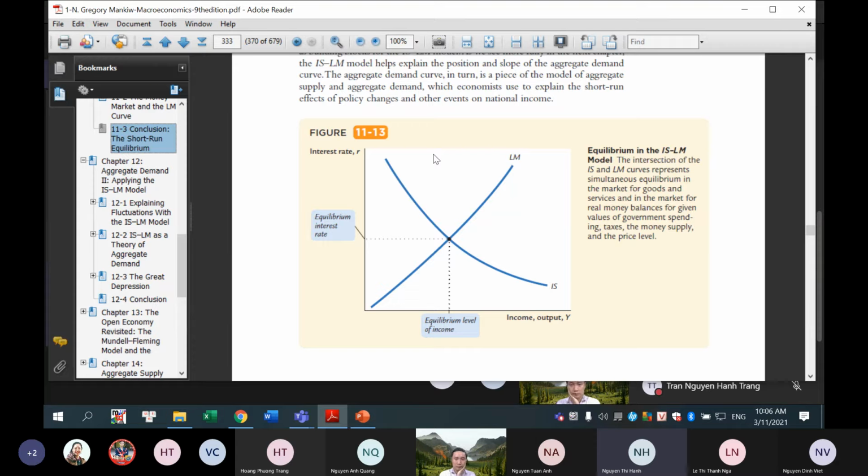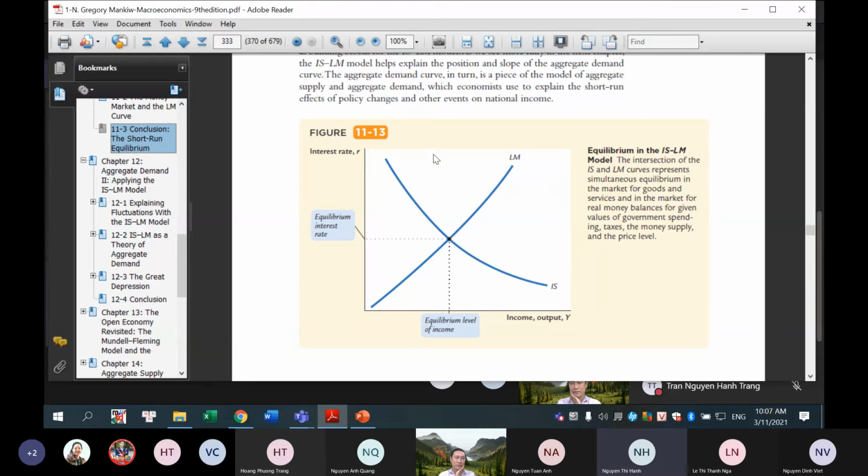The investment will increase because the interest rate increase. Interest rate increases, so does investment spending increase or decrease? Investment spending will decrease. Yes, but at first, what happened to investment spending?